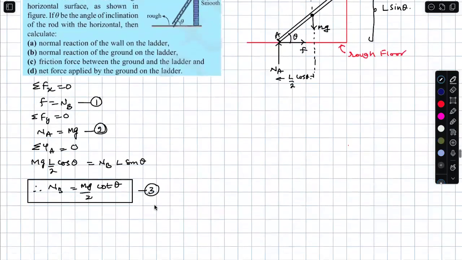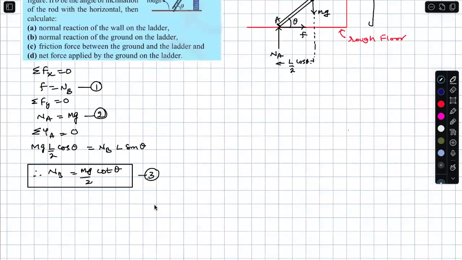Point number 3. Right. What do you want? I have given everything, the normal reaction of the wall. See, try to understand your F, which is equal to NB. This F must be less than or equal to mu NA.